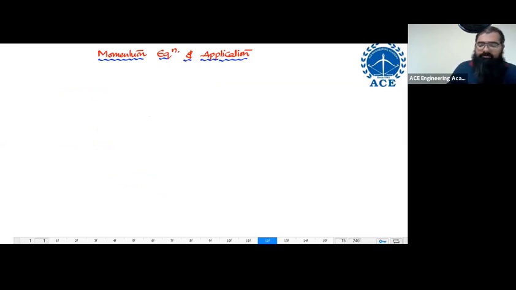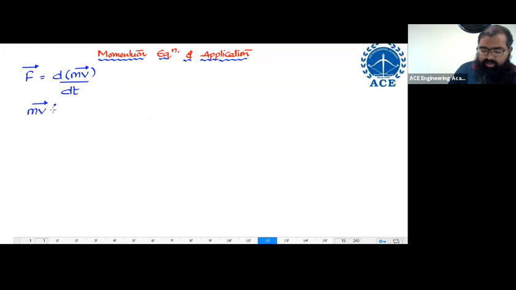To understand this, I'm going to start first of all with the equation we have studied in our mechanics, which says force is equal to dmv by dt. mv over here is known as linear momentum.